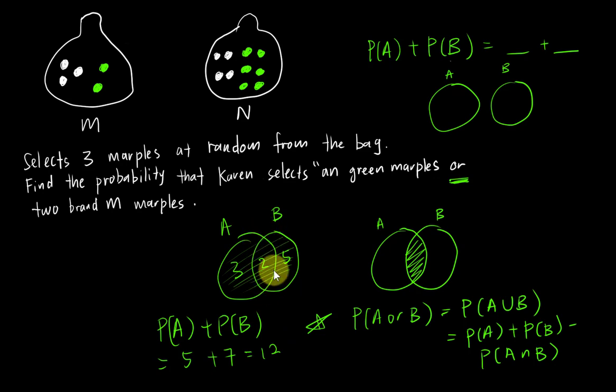So when we want to do A union B or A or B, when both sets intersect, you need to minus the intersection part one time, because when you do A plus B, you are actually counting the intersection part 2 times. So you need to minus back 1 time, then you will get the correct one. This one is 2, so minus 2, and you get just nice 10, which is the whole area here. Do you see that? 3 plus 2 plus 5 is 10.